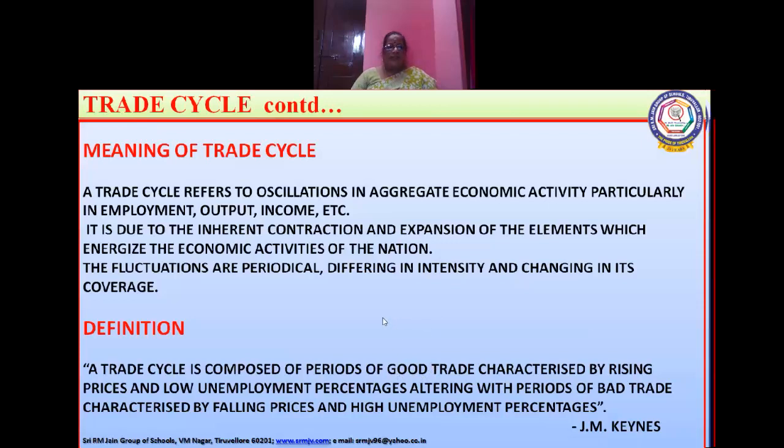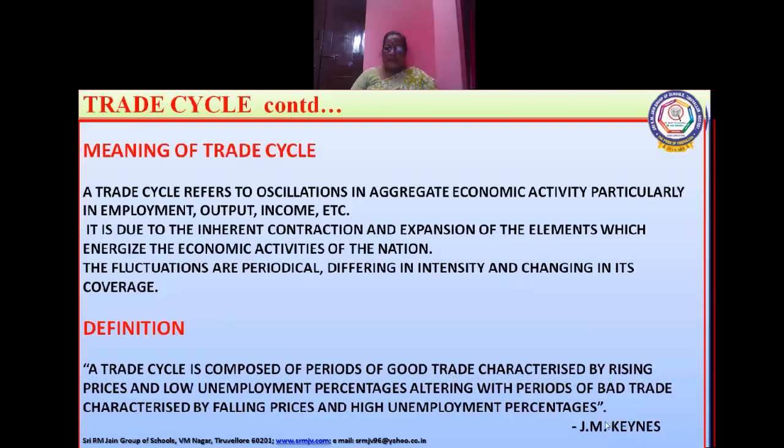Definition given by John Maynard Keynes, J.M. Keynes: a trade cycle is composed of periods of good trade and bad trade.